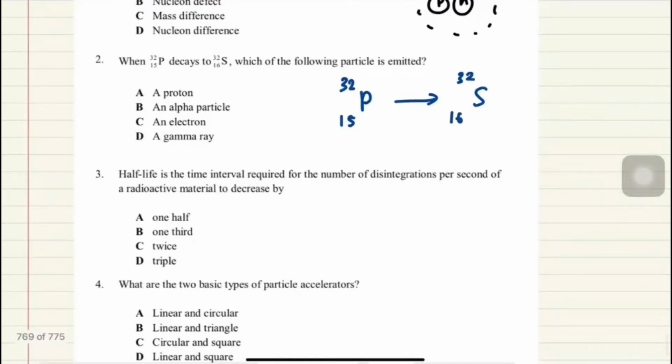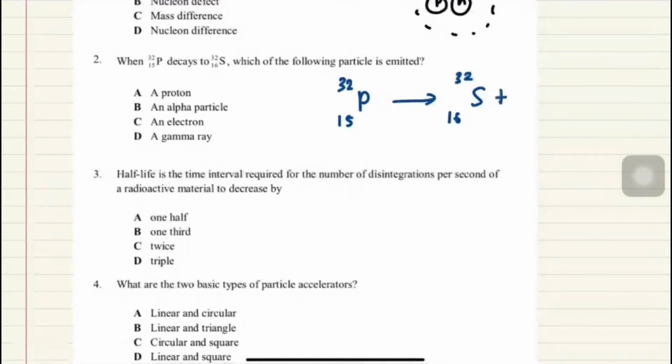Okay, so you want to identify what are the other particles. So here you can try to do conservation, numbers kat atas ni dengan nombor kat bawah ni. Up there you have 0 to balance, and then down here you should have -1. Okay, so 0 and -1 means this one is electron.